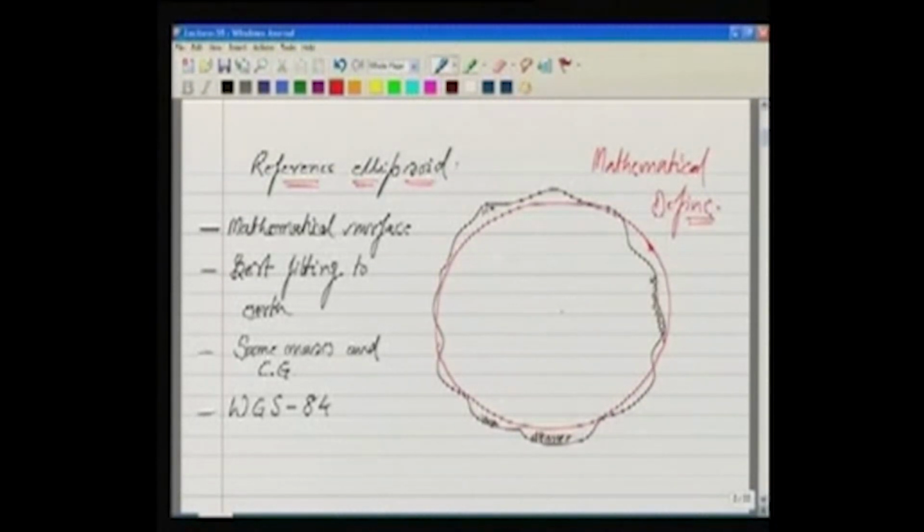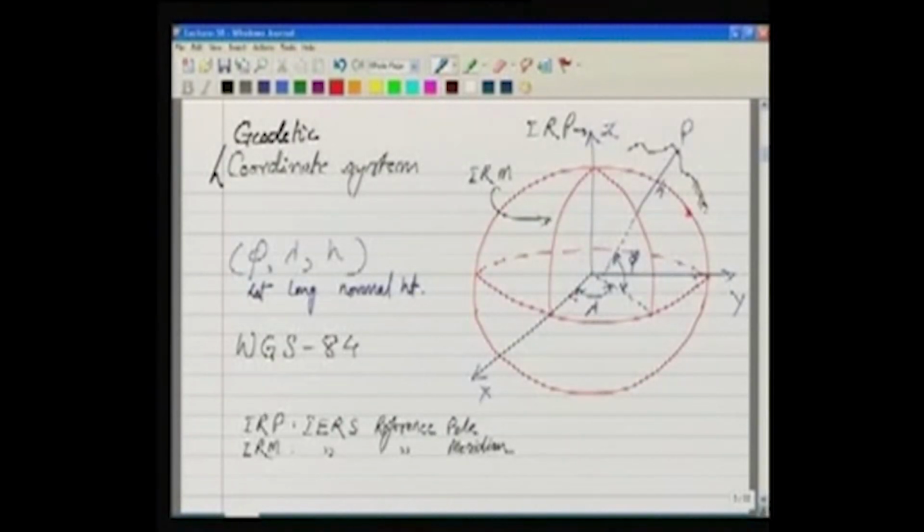Now it is attempted that for this reference ellipsoid, its mass and center of gravity are same as in the case of the earth. One similar ellipsoid is WGS 84, and this is the one which is used by GPS for measuring the coordinates. Well, how is this reference ellipsoid helping in measuring the coordinates? Let us look at that.